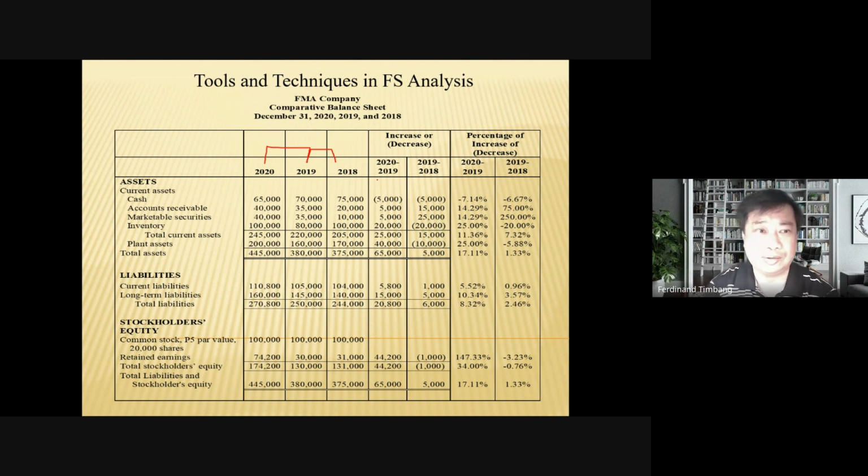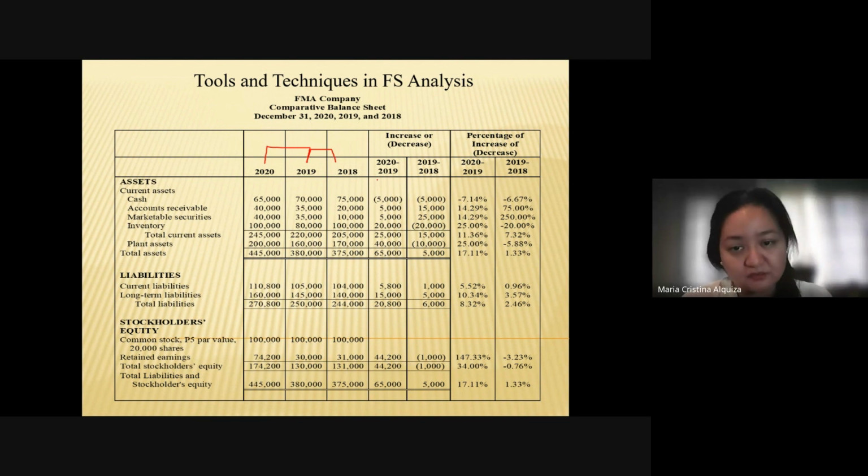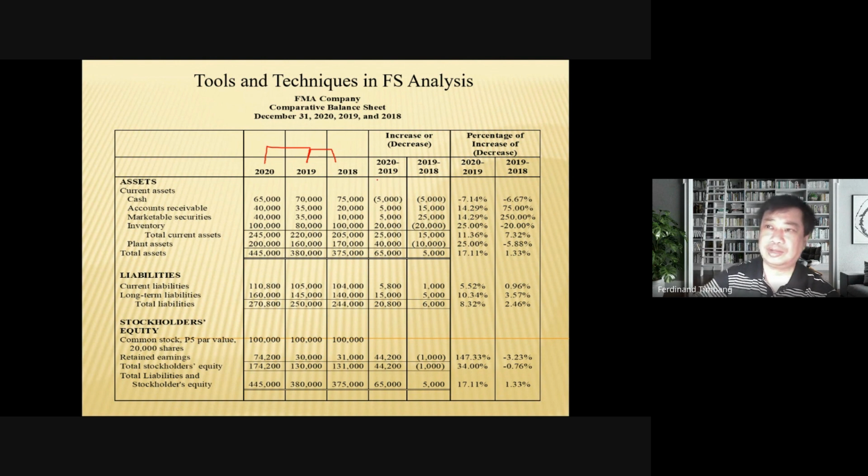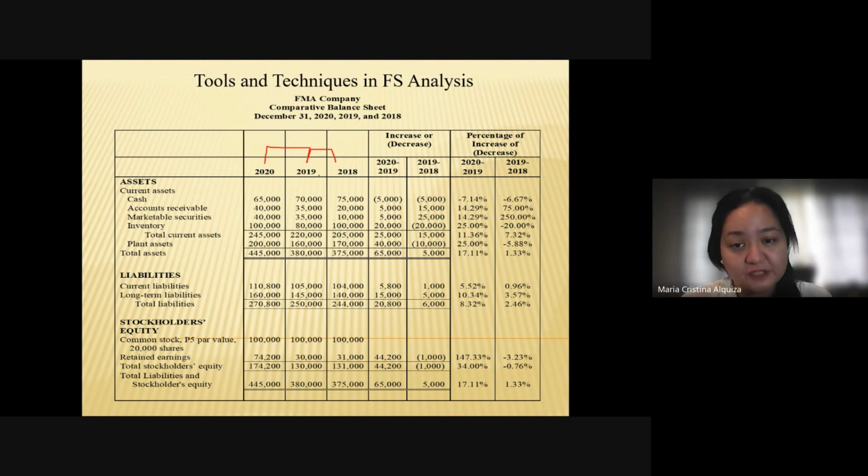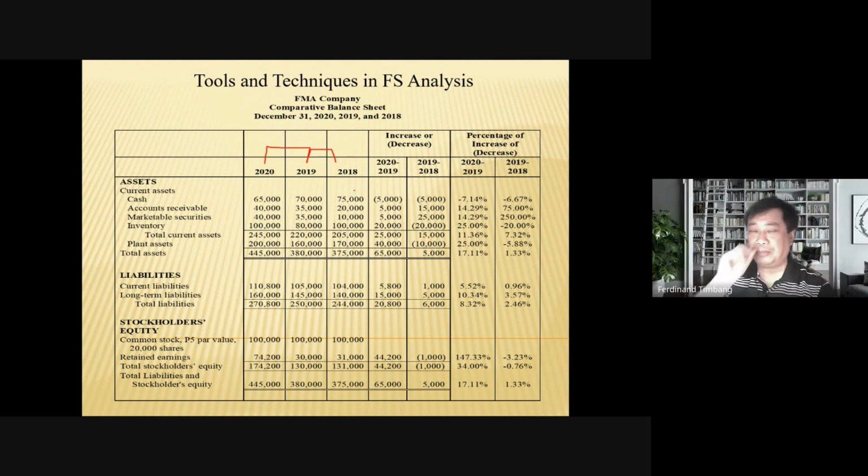Sige, Christina, question? Sir, kailangan po laging consecutive or pwedeng hindi naman? What do you mean consecutive? 2 consecutive years yung kino-compare. Dapat consecutive years. Hindi ko pwedeng tatanong ka ng 2018 to 2020.